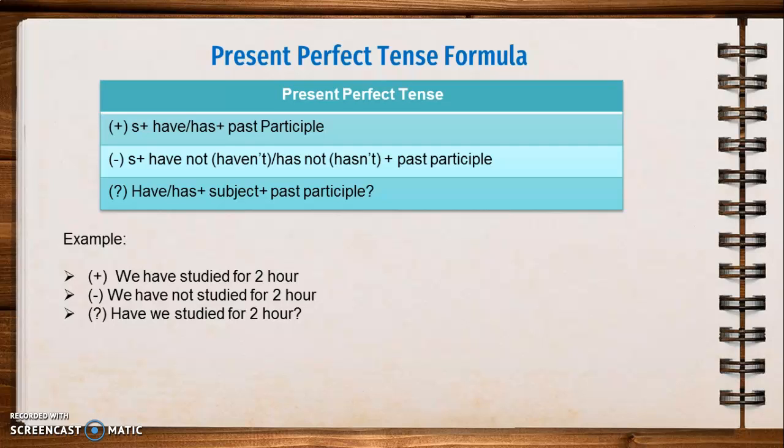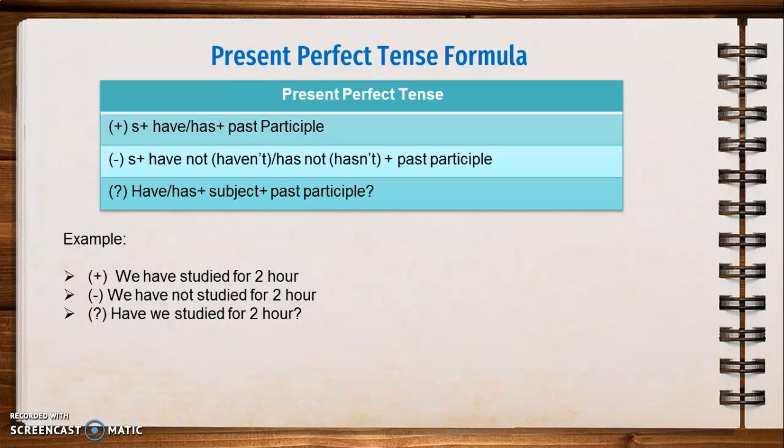For negative, we can arrange it as subject plus have not or haven't, has not, hasn't, and past participle. And for questions, we can arrange the formula as have or has plus subject plus participle.